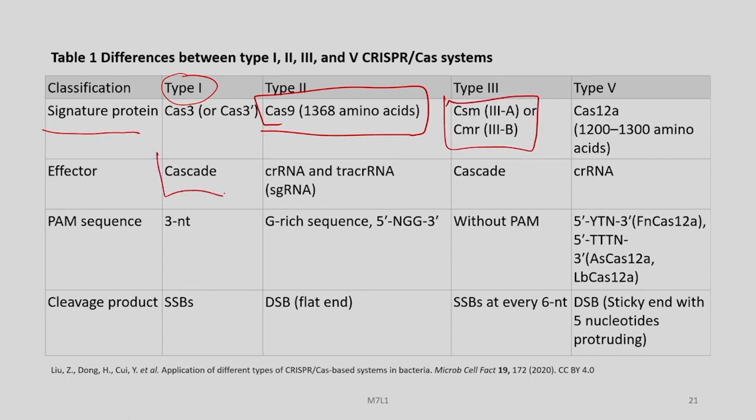In type 1 you have Cascade. We will have a little bit of discussion about what Cascade is. Then you have the various cleavage products. Here you have single-strand breaks (SSBs) and double-strand breaks (DSBs) and so on.